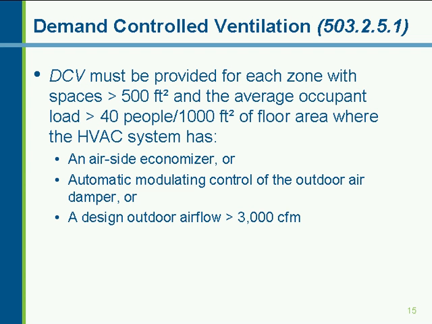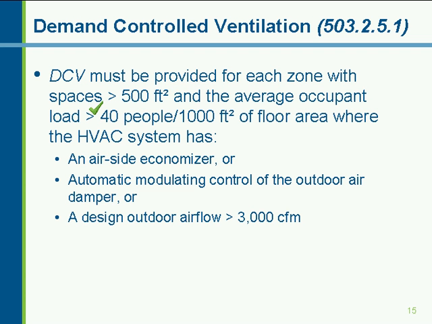But if you have a zone or a space greater than 500 square feet with a high average occupant density, and that is an occupant load defined as greater than 40 people per 1,000 square feet or 25 square feet per person, and the HVAC system has an airside economizer or modulating control of the outdoor air damper, or more than 3,000 CFM of outdoor air.